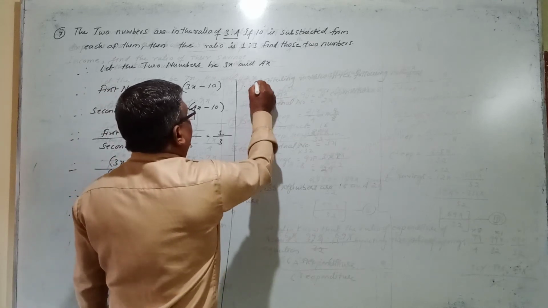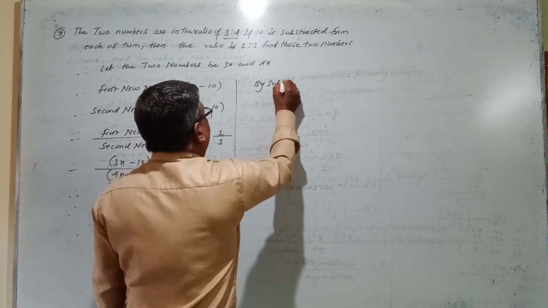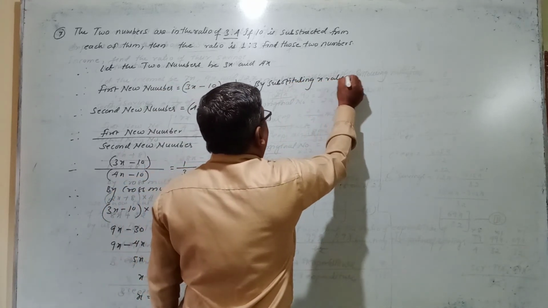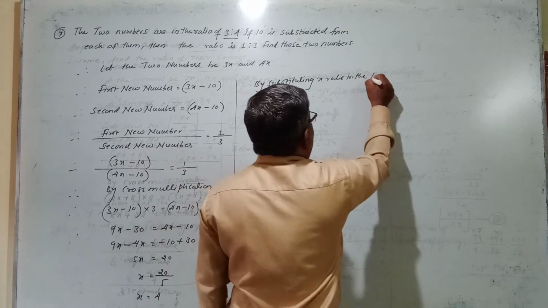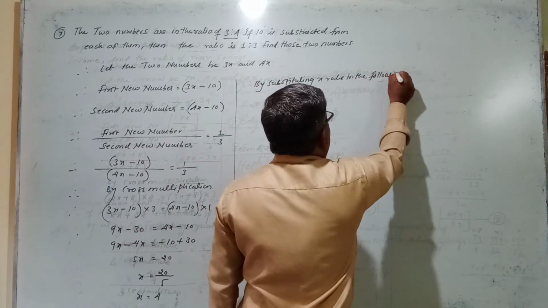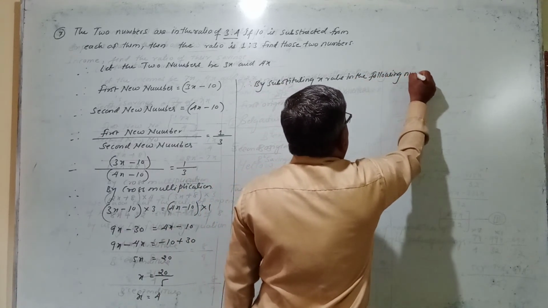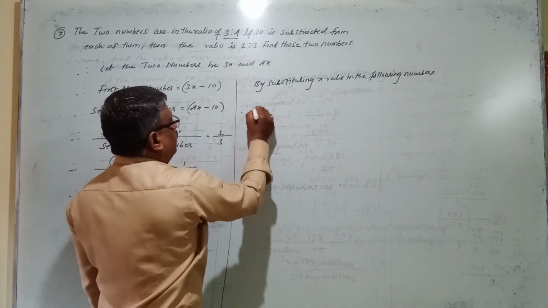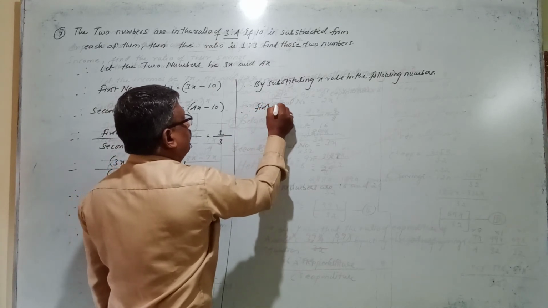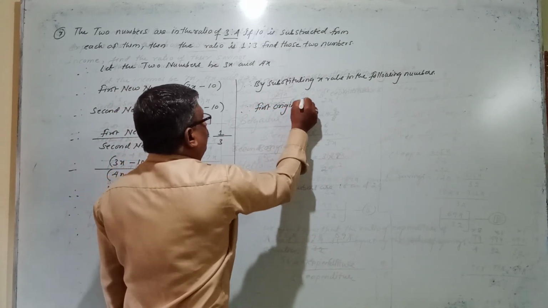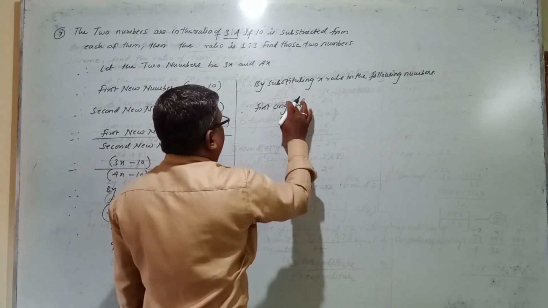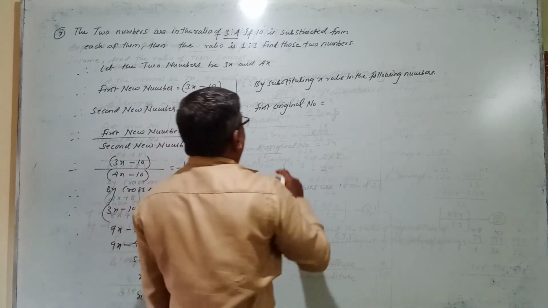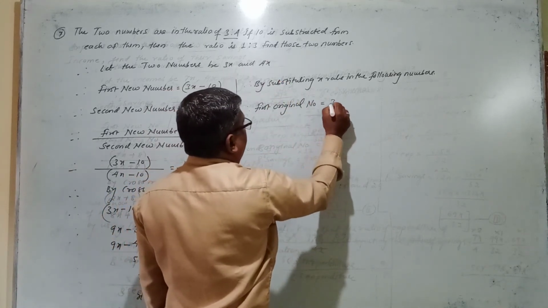So here I write again, therefore, by substituting x value in the following numbers. My first original number is 3x.